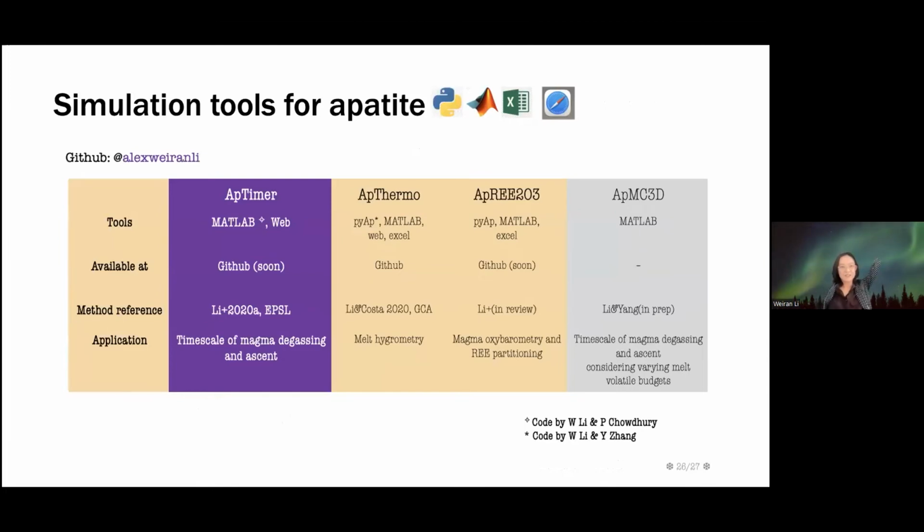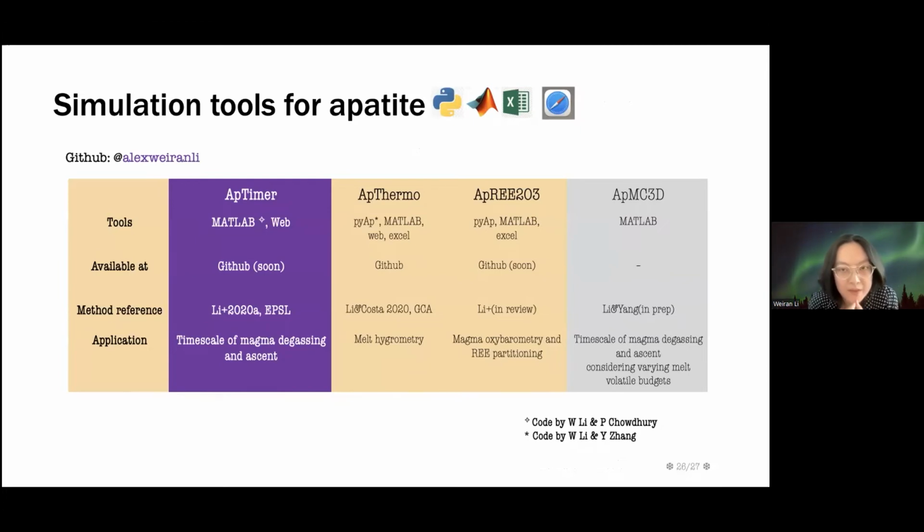Lastly, I want to introduce our simulation tools for apatite. The AppTimer diffusion model that I have talked about in this talk is built on MATLAB code, and it will be available on my GitHub soon, I hope this week.